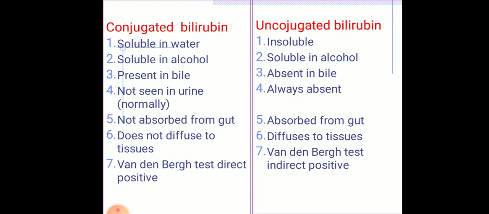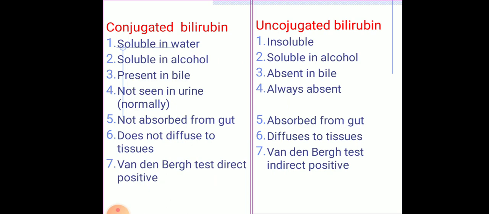Now, what is the difference between conjugated bilirubin and unconjugated bilirubin? Conjugated bilirubin is soluble in water, soluble in alcohol. Unconjugated bilirubin is insoluble in water but soluble in alcohol. Conjugated bilirubin is present in bile, and is not seen in urine normally. Unconjugated bilirubin is absent in bile and is always absent in urine.